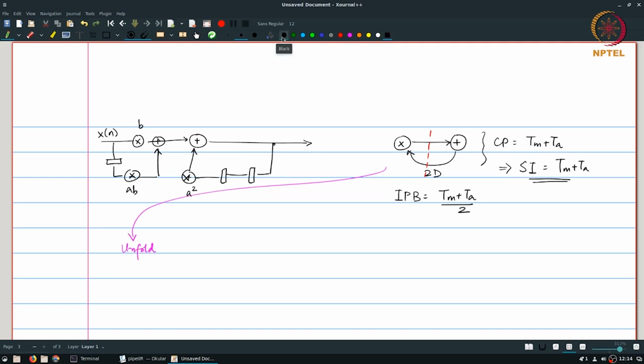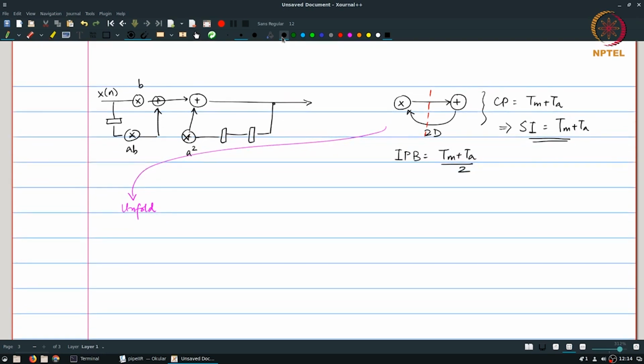And when I unfold this new graph, what I find is I have x0 feeding into plus 0. The output of plus 0 is going to be used by x2, which is the 2 delayed version, which is basically a 1 delayed version of x0. Similarly, x1 feeds into plus 1, and its output is going to be used by x3, which is a 1 delayed version of x1.